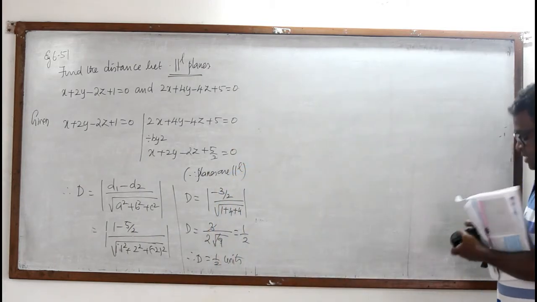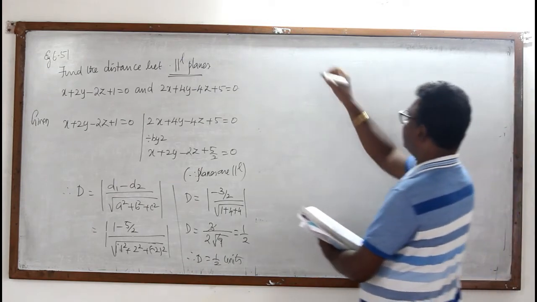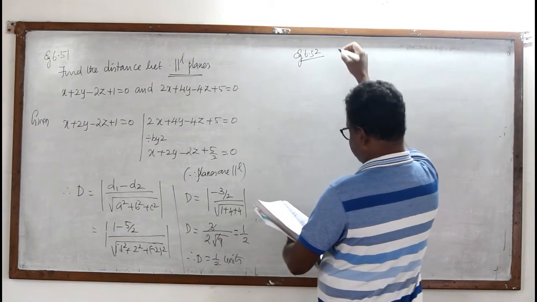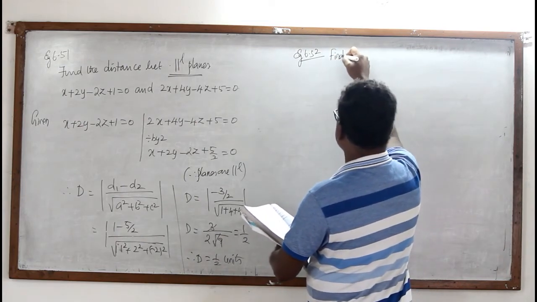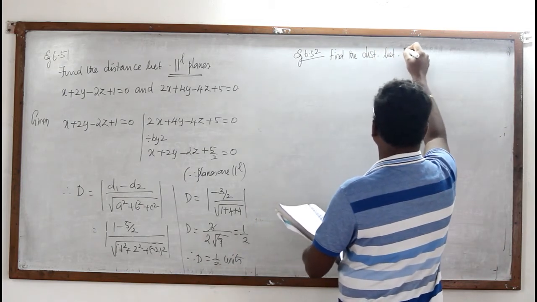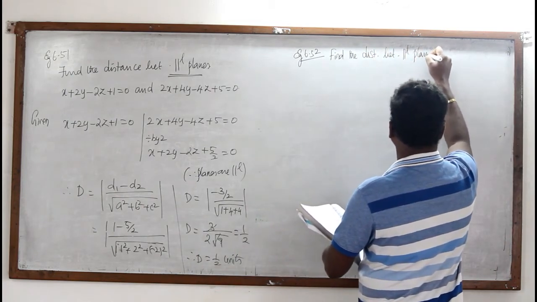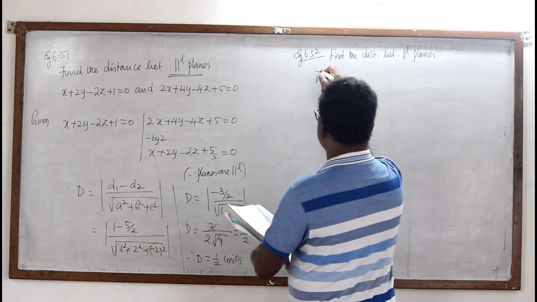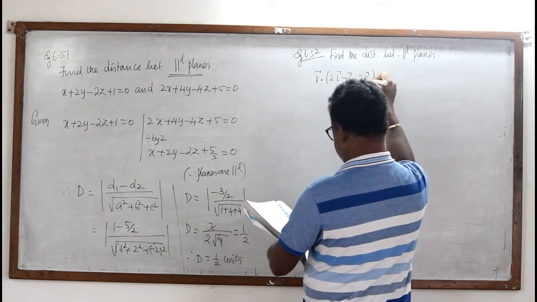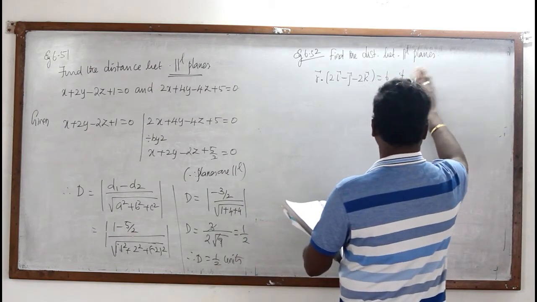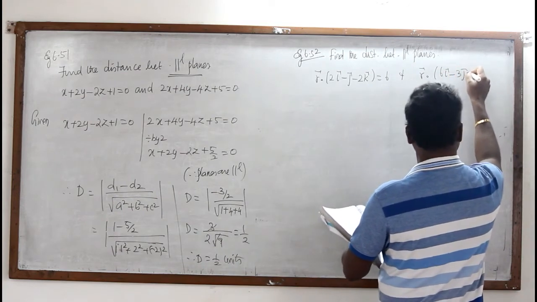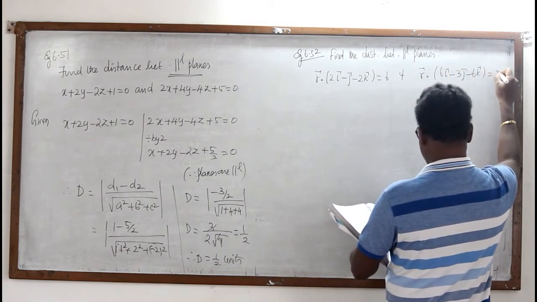Now we shall go for the next example, 6.52. Same thing. Find the distance between parallel planes r dot (2i minus j minus 2k) equal to 6 and r dot (6i minus 3j minus 6k) equal to 27.